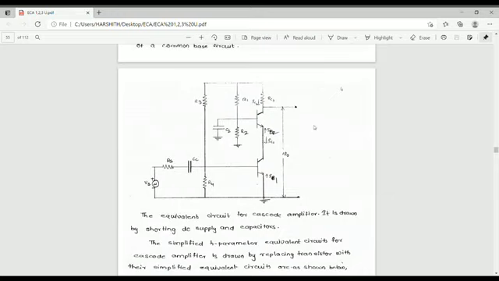This is the first transistor and this is the second transistor. The first transistor is the CE and the second transistor is the CB.